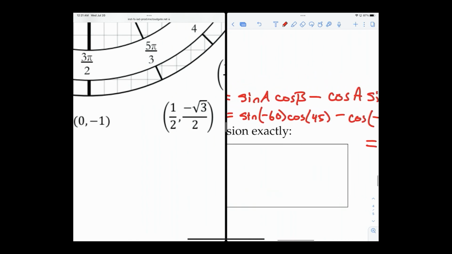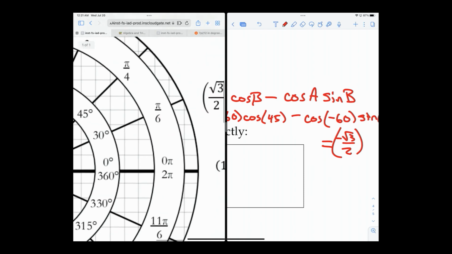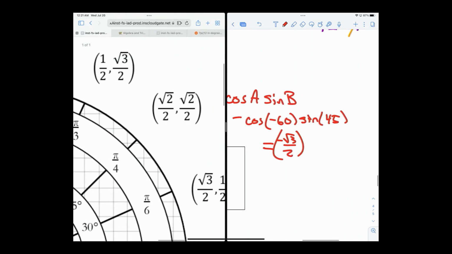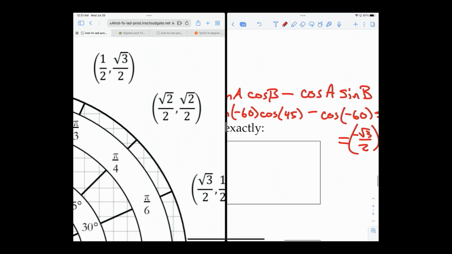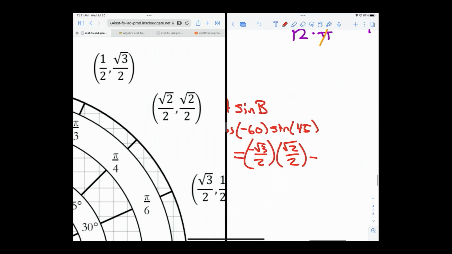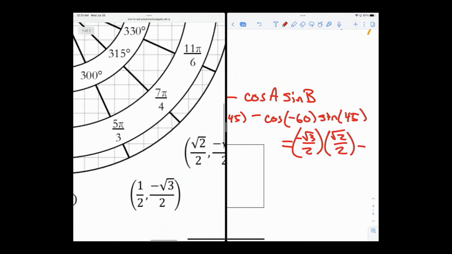So sine of that angle would be the y value there. So negative root 3 over 2. And then cosine 45 is the x value up here, which is root 2 over 2, and then minus cosine negative 60, which is back down here.